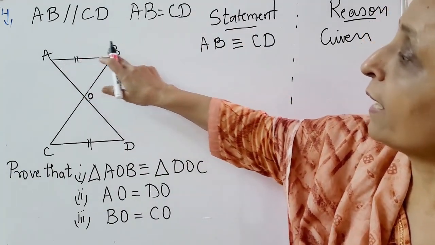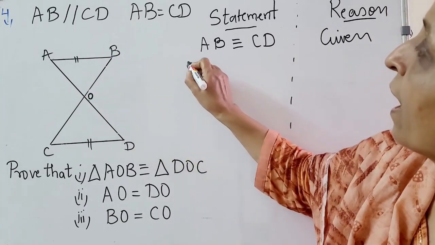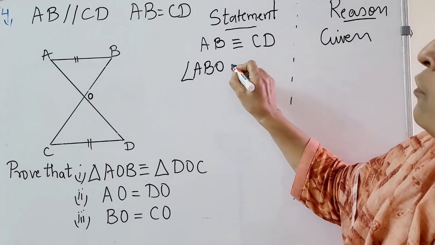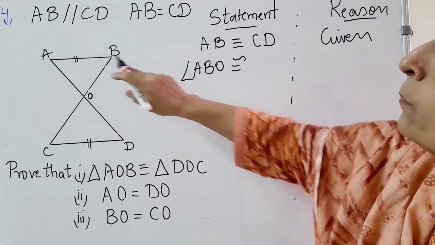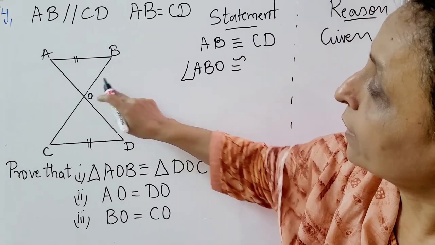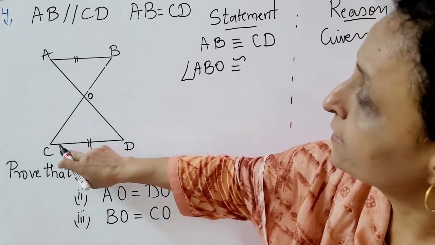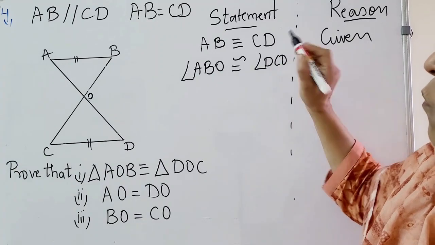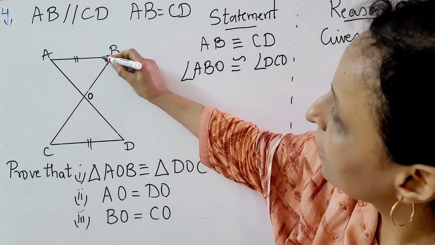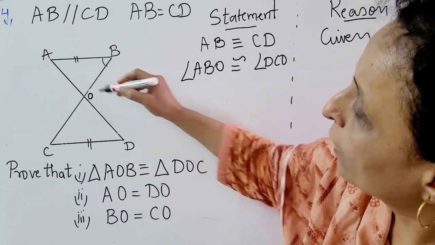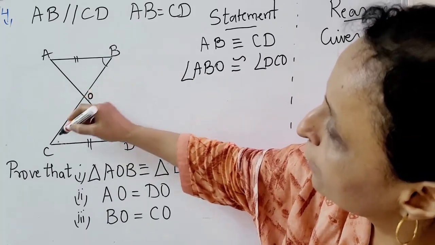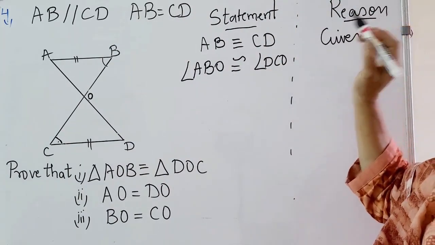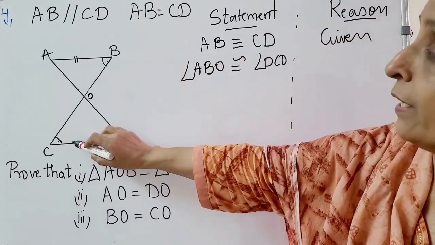Now angle ABO is congruent to angle DCO. What is the reason of these angles being equal?